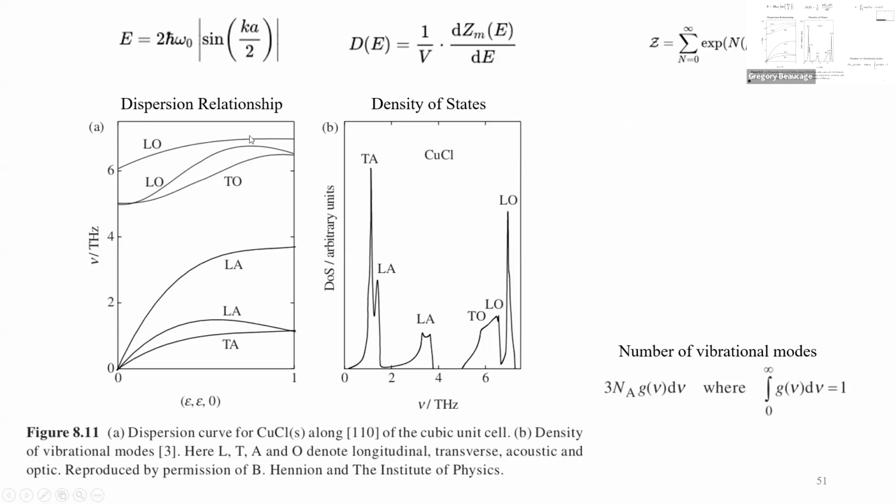These are measured with something like Brillouin scattering or Raman scattering, so these are measured things, not from a theory. And these are also measured density of states from Brillouin scattering or Raman scattering. So these things can be measured, or they can also be simulated. Like with density functional theory, you can run a program and it'll spit out density of states and dispersion relation, more or less.